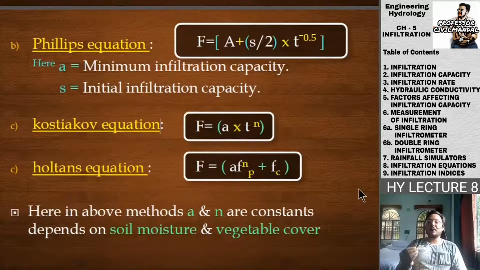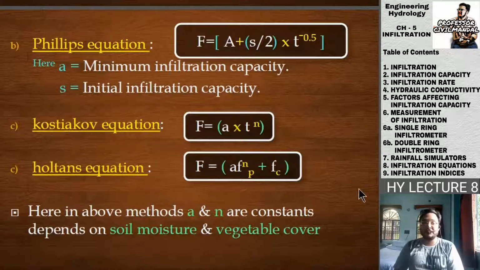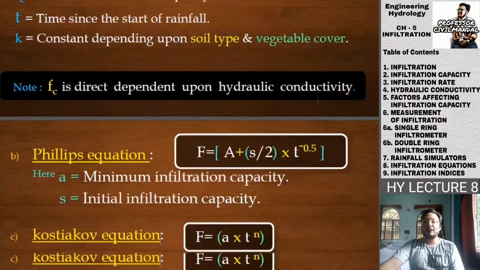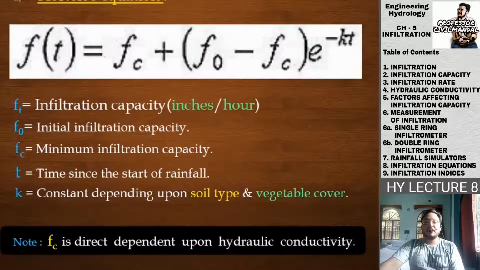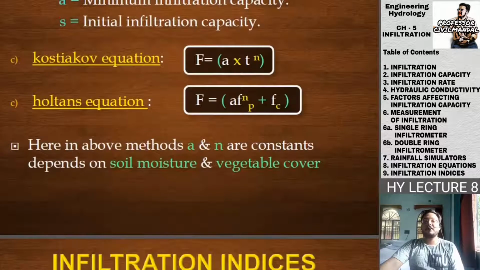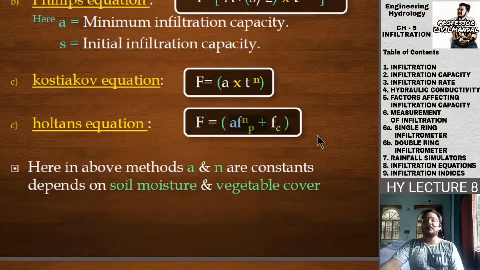We are not required to measure the time in Holtan's equation. You can see that it is not dependent upon t, unlike the previous equations which were always dependent upon t, the time since the start of rainfall. Holtan's equation doesn't depend on the time since the start of rainfall, but it includes the other factors, a, n, and the initial and minimum infiltration capacity.